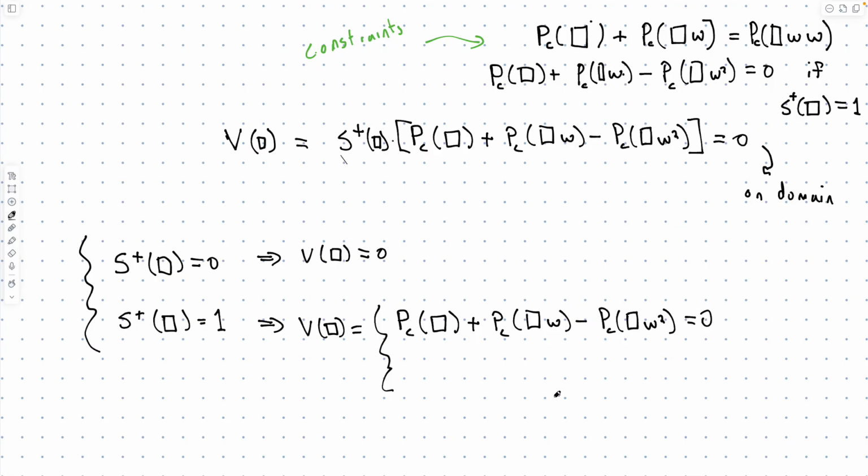If S plus is equal to 1, then V will equal 0 only when this condition holds.